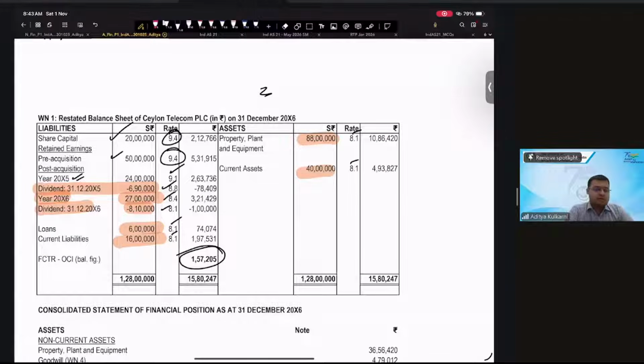Any doubts on conversions? Any doubts so far? All clear?